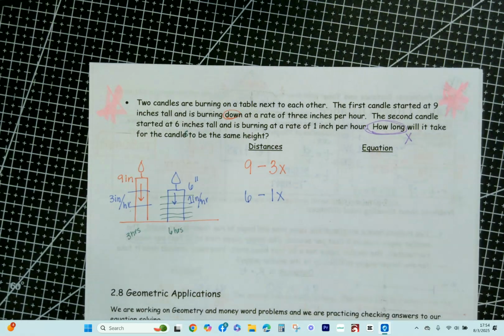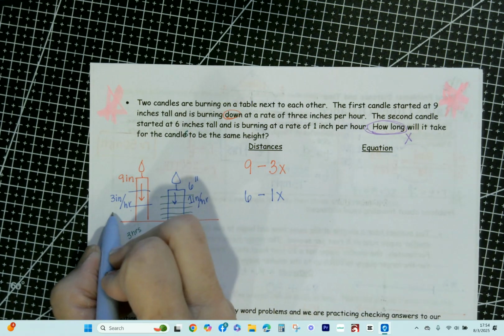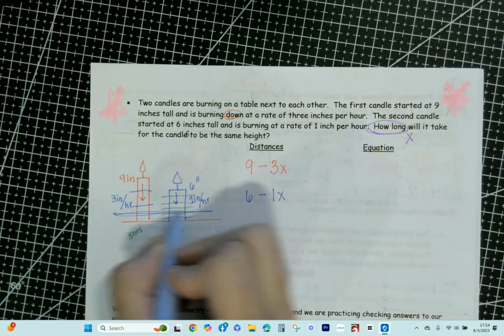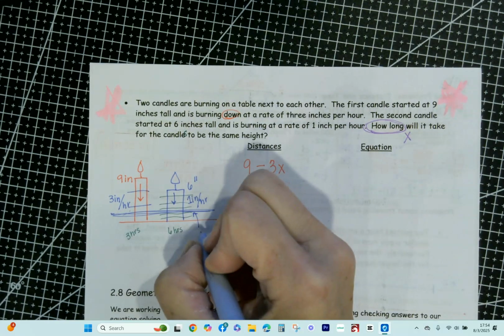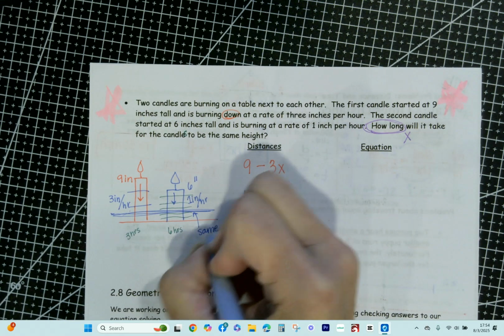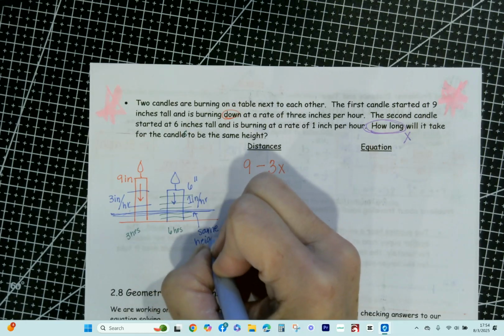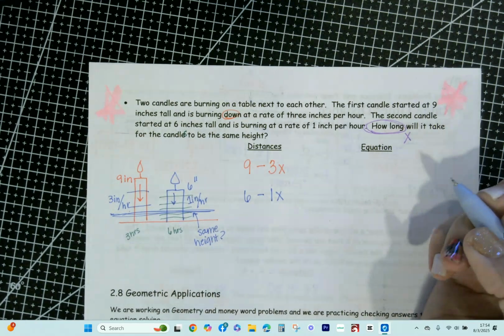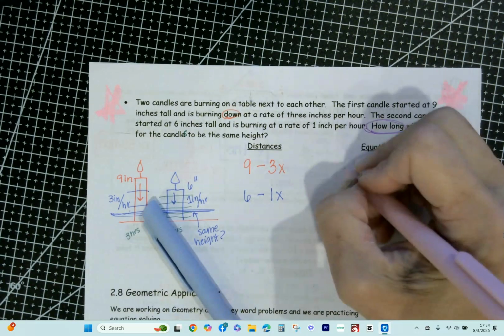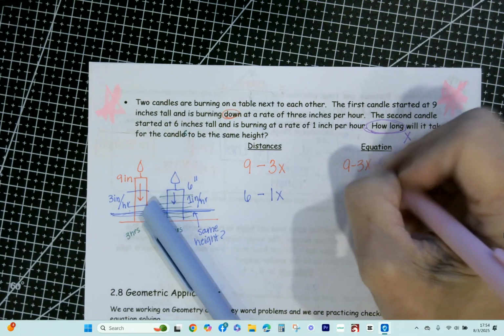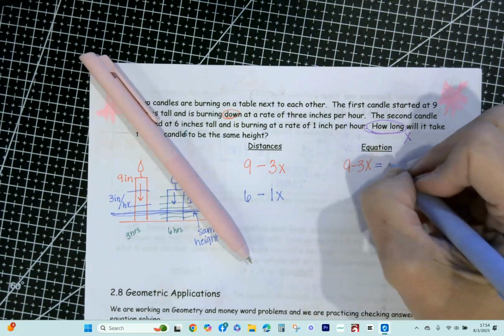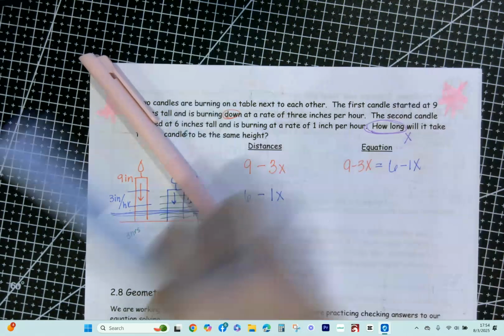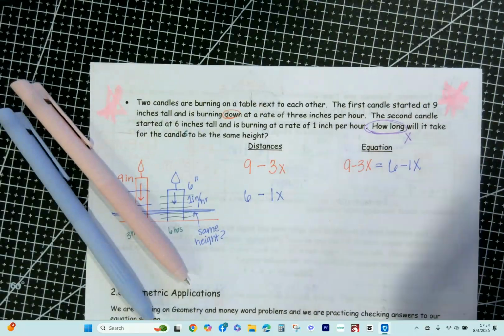Okay, so like something like this. Let's say like right here. Like, when are they the same height? Okay, that's our job. So 9 minus 3x equals 6 minus 1x. And now we're going to solve this.